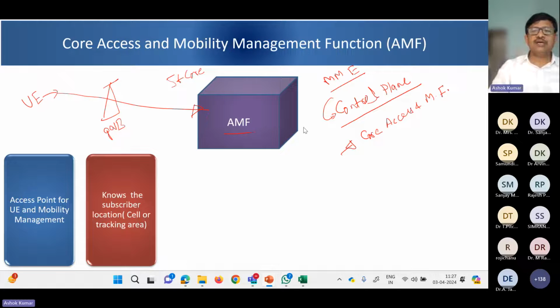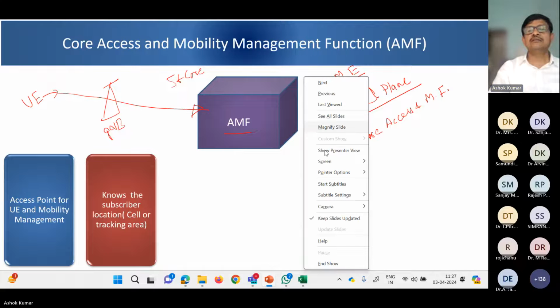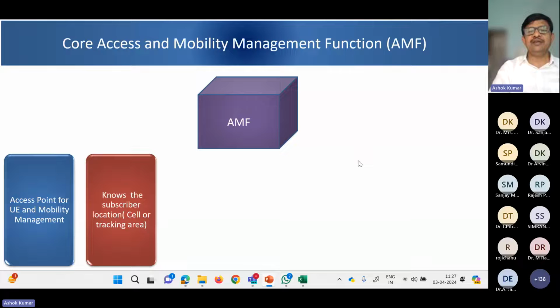The other thing is that AMF will know the location of the user equipment. In what sense will it know? Suppose user equipment is active. When user equipment is active, AMF knows which cell the user is in.